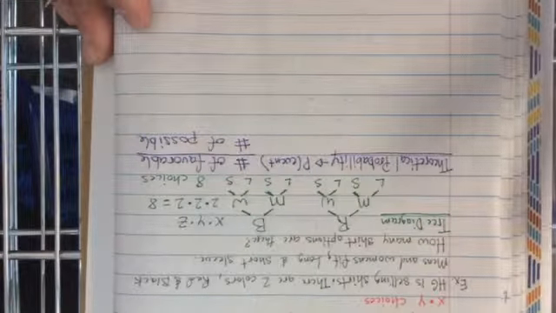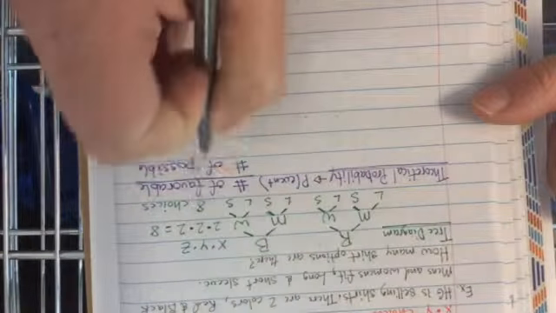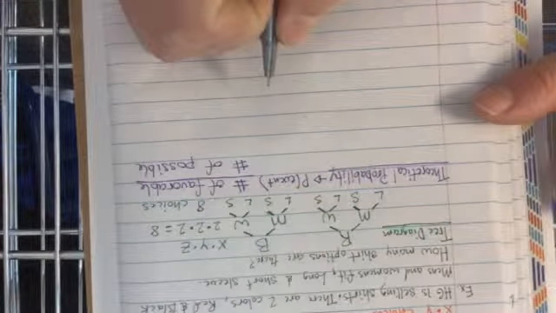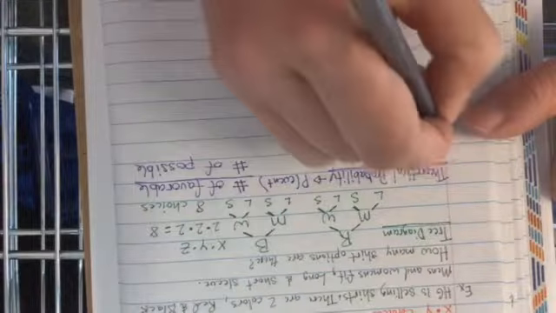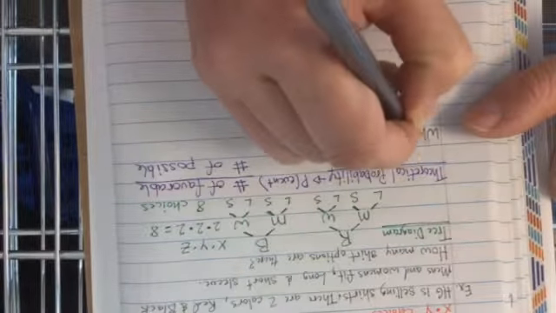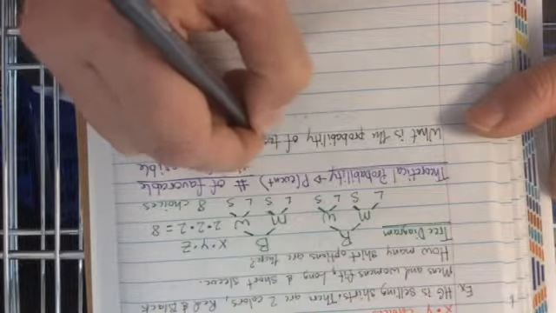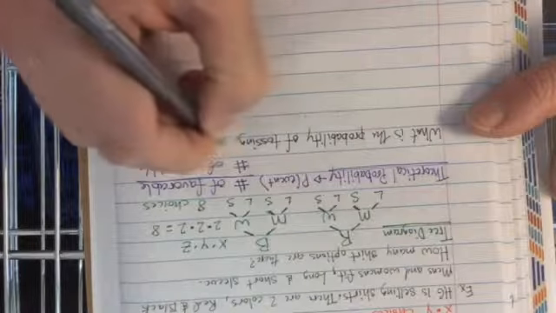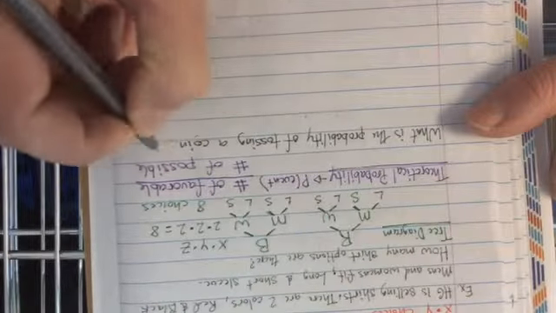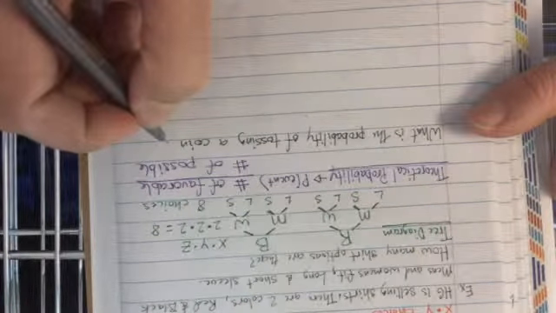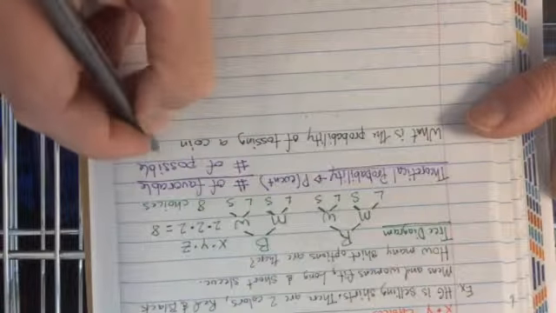This is a theoretical problem, so let's work through it with the tree diagram and put it in our theoretical probability fraction. So what is the probability of tossing a coin and both times tails?